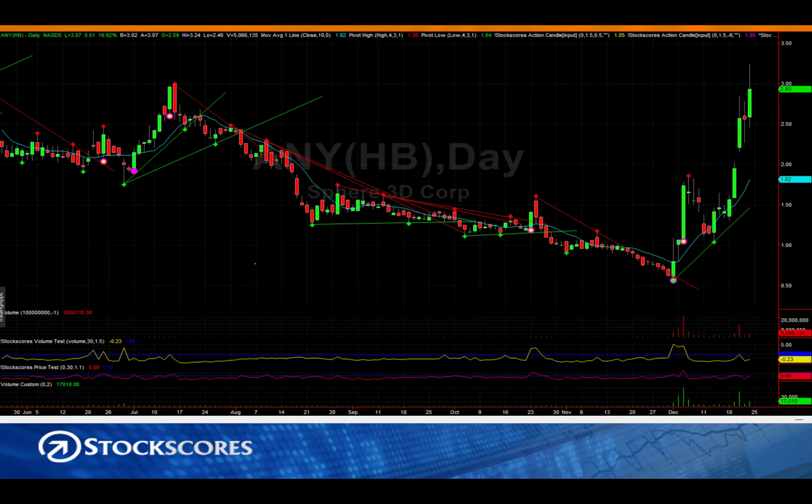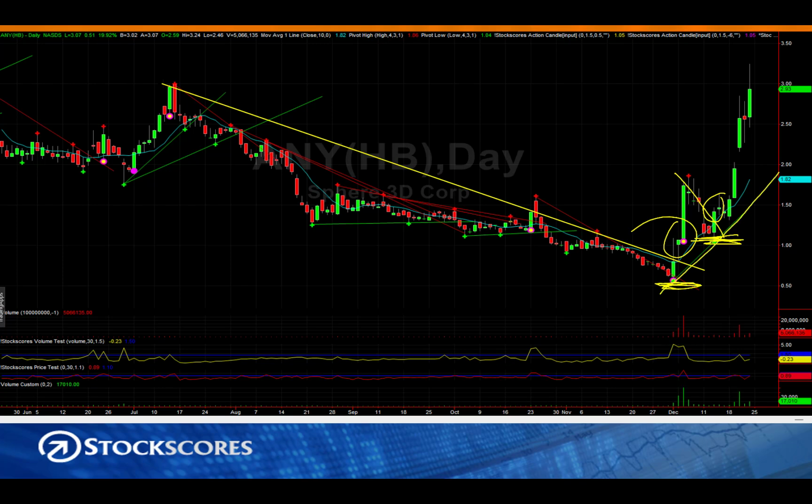Now, pessimism can turn to optimism when the trend line is broken, and even better when price breaks up from a rising bottom. So there's our first rising bottom, and now we have optimism where before we only had falling tops. So we only had pessimism.